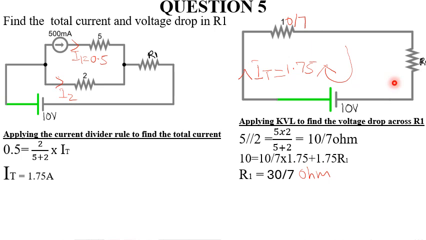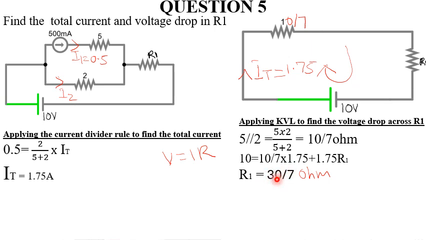We now need to find the voltage drop. How do we find the voltage drop? We remember that Ohm's law says V equals IR. So the voltage drop across this resistor is simply the total current multiplied by the resistance.